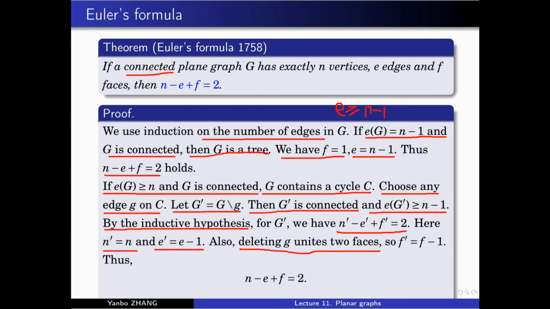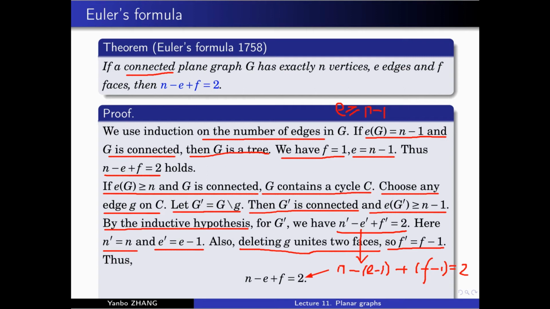So deleting g unites two faces, so f prime equals f minus 1. So from this formula, we have n minus (e minus 1) plus (f minus 1) equals 2. So we have n minus e plus f equals 2. This is the whole proof.